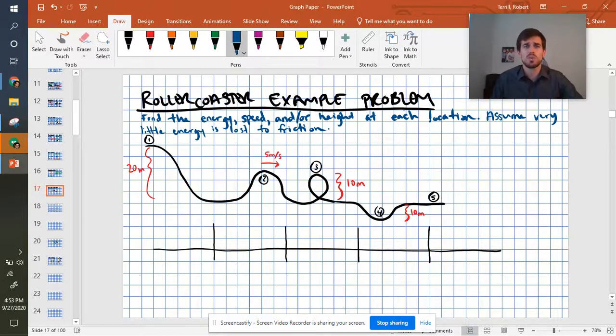So let's go through real quick, and we're just going to sketch the energy bar charts. We're not going to stress making things perfect because we're not doing enough calculations at this step to make them perfect. We're just going to get a general idea. So at the initial moment, we definitely have gravitational potential energy. I'm going to call that UG1. Then coming over to moment 2, I'm still going to have some gravitational potential, but I've picked up some kinetic energy.